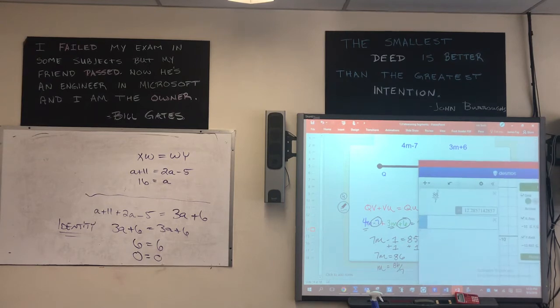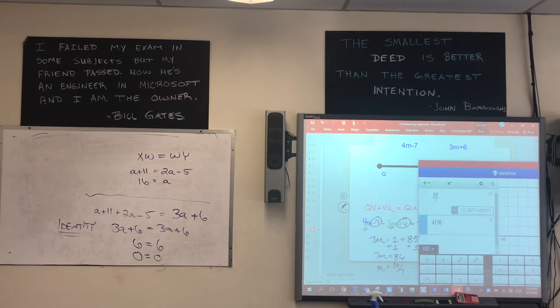So it's going to look like this: 4 times 86 over 7, subtract 7, and then add 3 times 86 over 7, and then add 6. Hit enter, and you see that it does spit back 85, right? Okay.